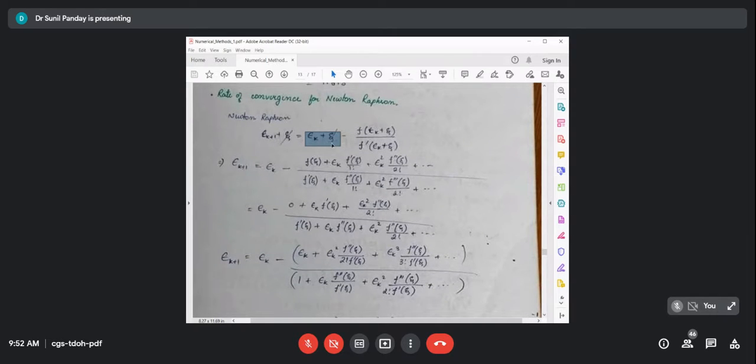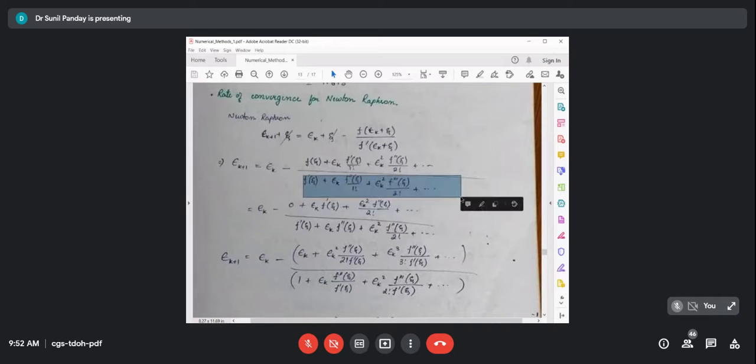This xi is cancelled out, and the numerator and denominator we expand through Taylor's expansion. In the numerator, we are expanding the function f about the point xi. So we have expanded the numerator f of epsilon k plus xi about xi, but in the denominator we are expanding the function f dash.